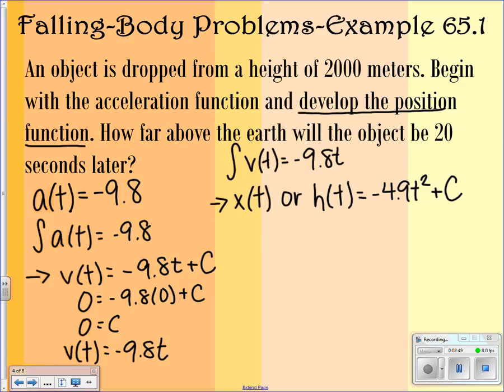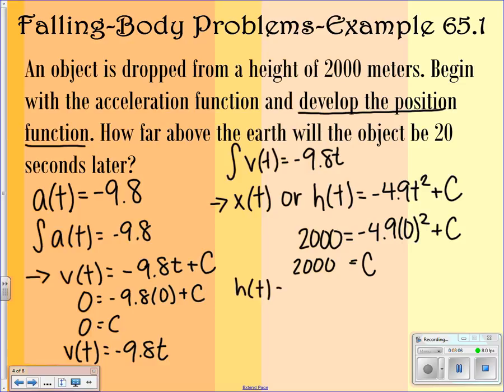And now it tells us that the height is 2,000 when the time is 0. So if you plug in a 0, you end up getting 2,000 for your c. So that tells us that the height function is negative 4.9 t squared plus 2,000. So then, that was the position function right there. So this is part of our answer.